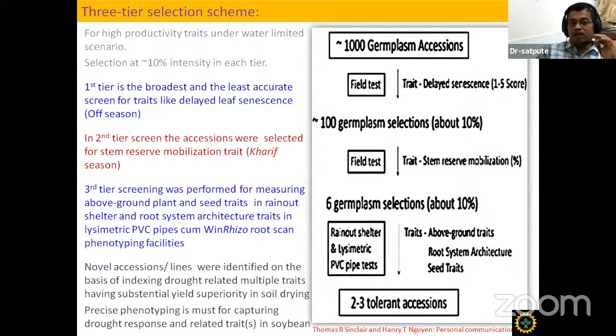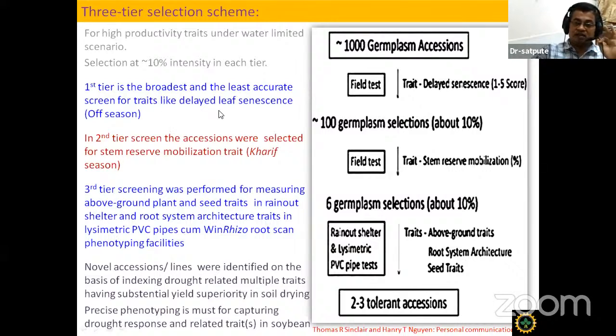On similar lines, for high productivity traits under a water-limited scenario, selection at 10% intensity in each tier, as you can see here, by taking around 1,000 germplasm accessions. The first tier is again the broadest, the least accurate scheme for the trait.